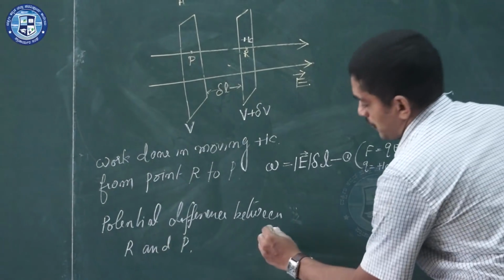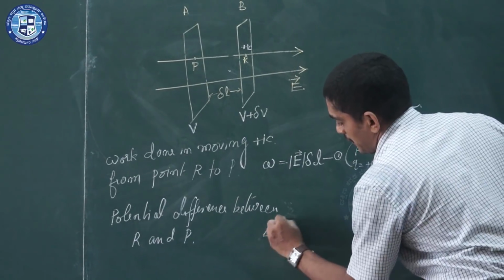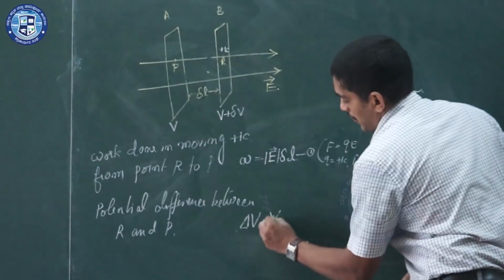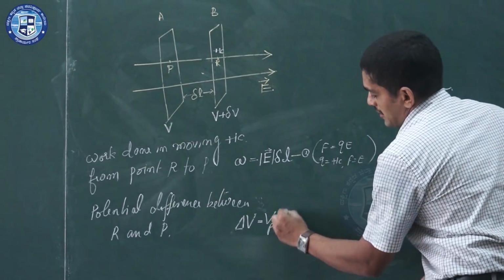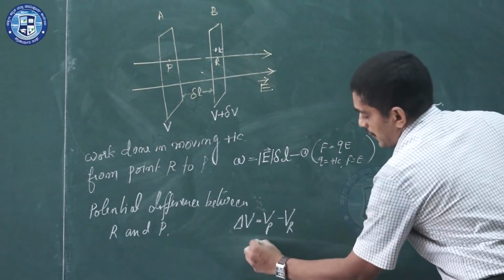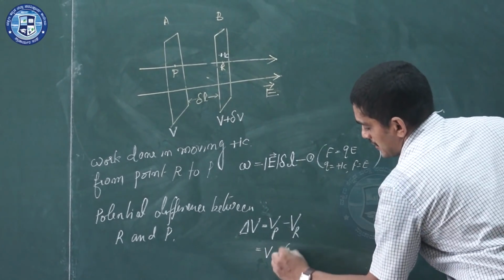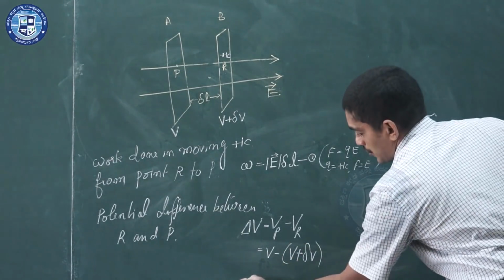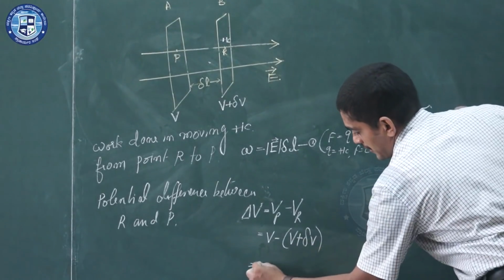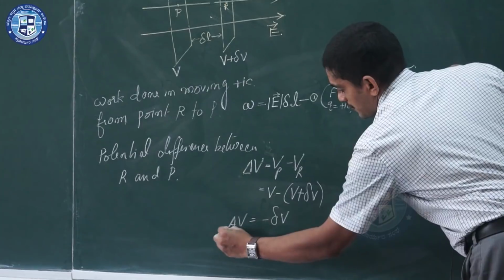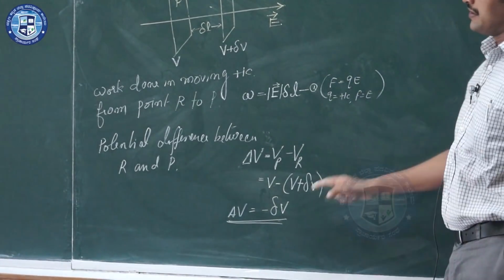I can write the potential difference delta V as the potential at the final point, that is Vp, minus the potential at the initial point. So, I can write this as V minus (V plus delta V), which becomes minus delta V. So, this is the potential difference.